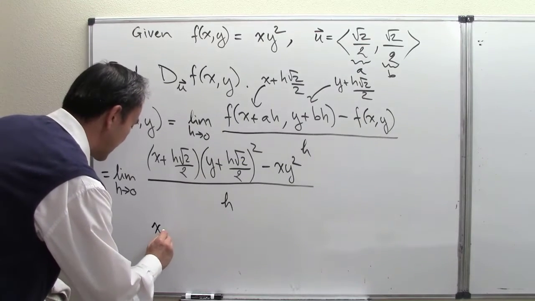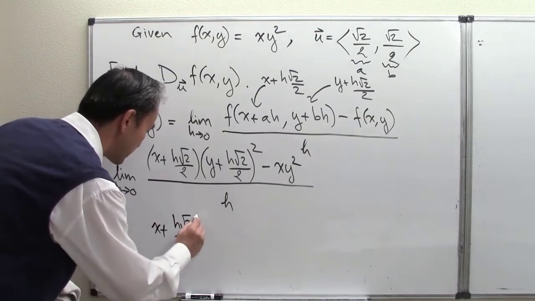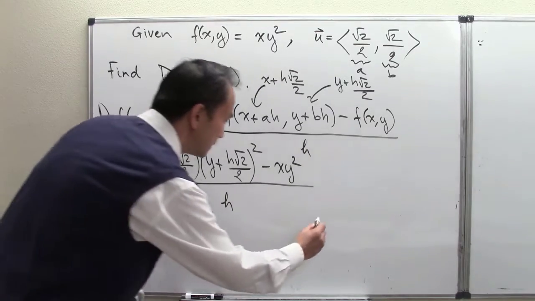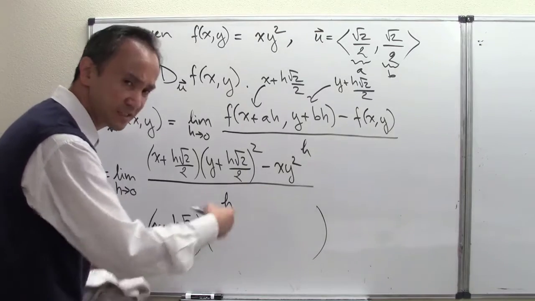I'm still going to keep this x plus h square root 2 over 2 the same, but for that part, if you're doing this on your own, you can also skip some of these steps.